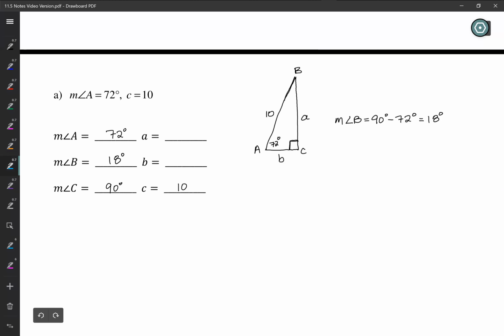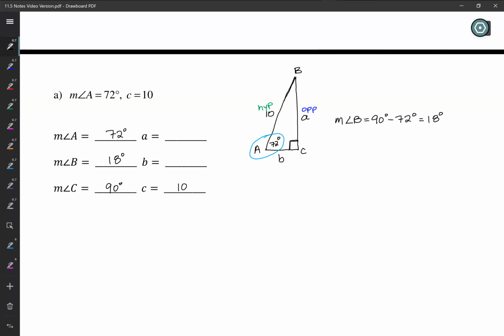Again, I'm going to focus on what I was told. So I was told about this angle, so I'm going to focus on that as I label my sides. I'm going to look for little a first. So little a is opposite that angle, and 10 is the hypotenuse.